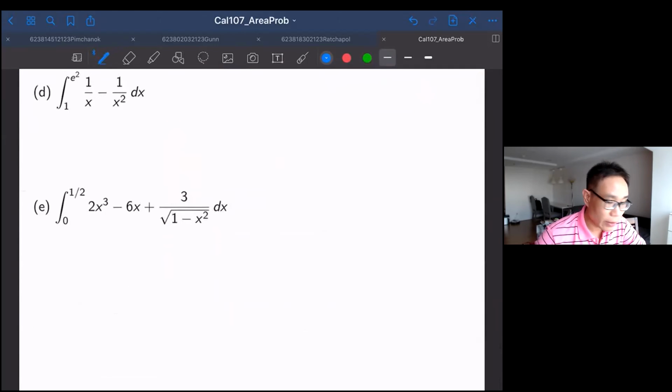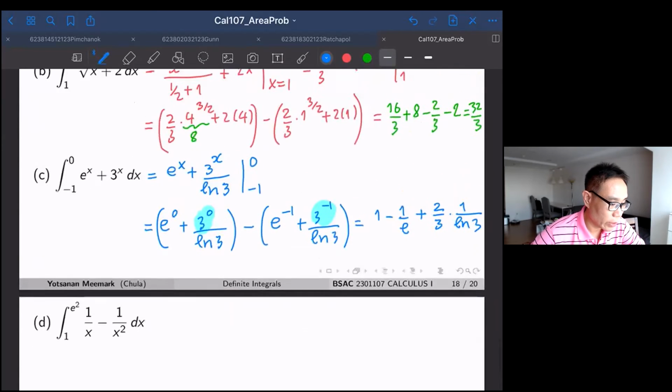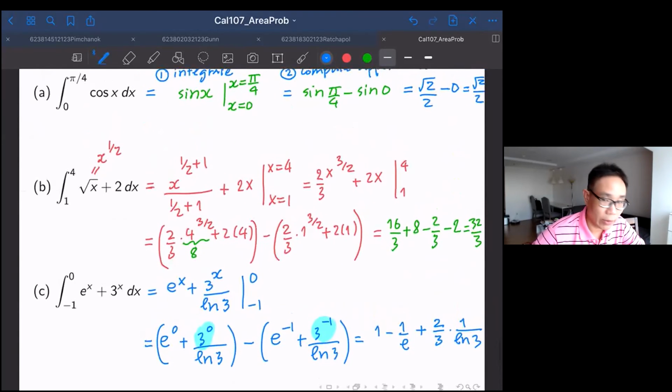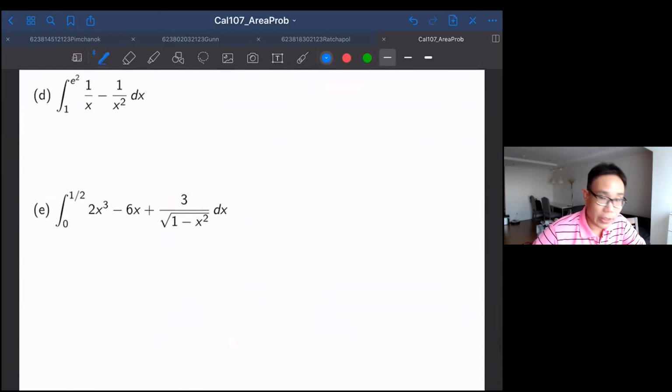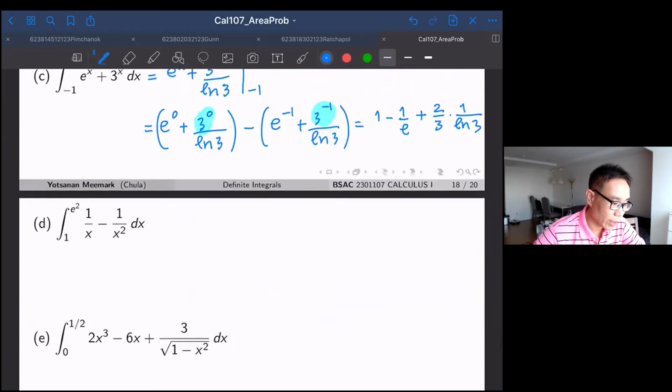For D, you'd like to integrate from 1 to e square. Let me hold on a little bit so you may copy down. For D, you have the integral from 1 to e square of 1 over x minus 1 over x square.